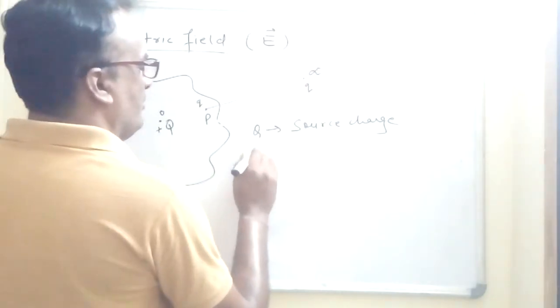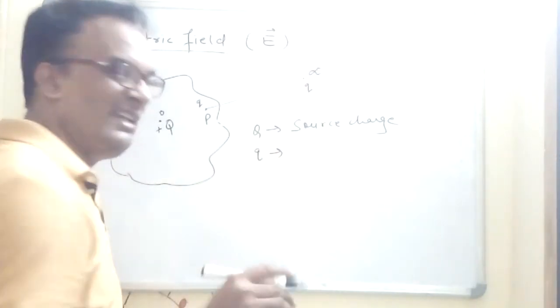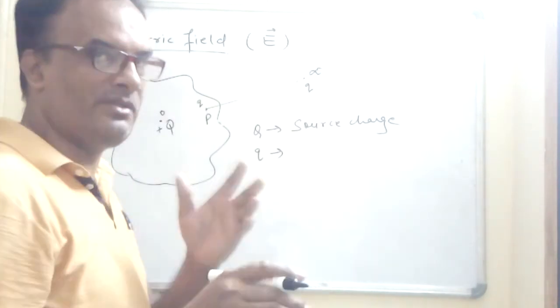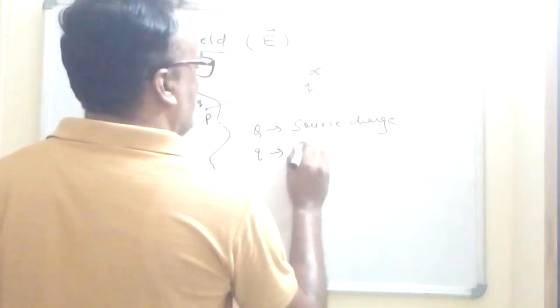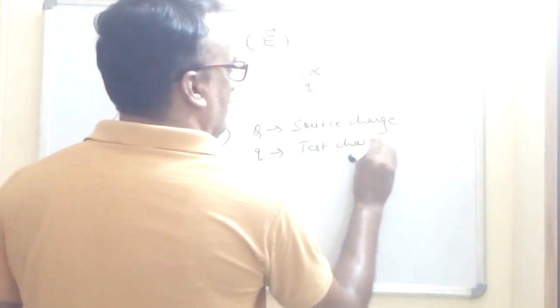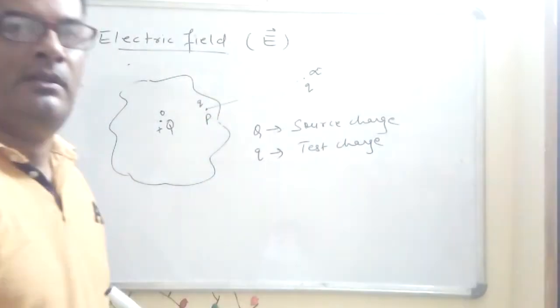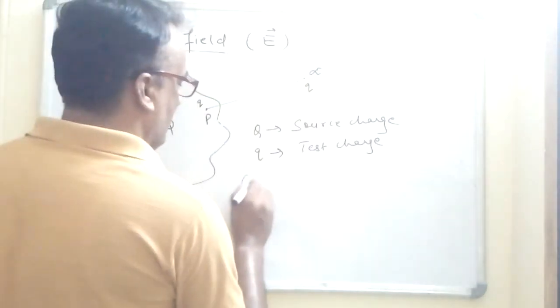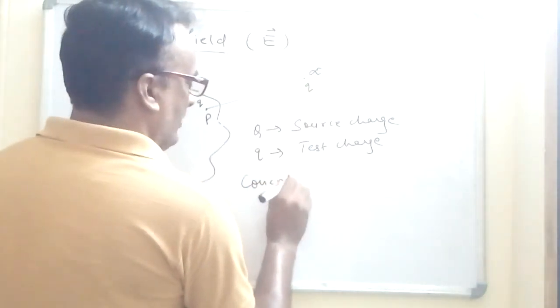And this small q, on which the test is being taken, जिसके ऊपर हम टेस्ट कर रहे हैं, this is called the test charge. Okay. Now the concept of electric field is very important.